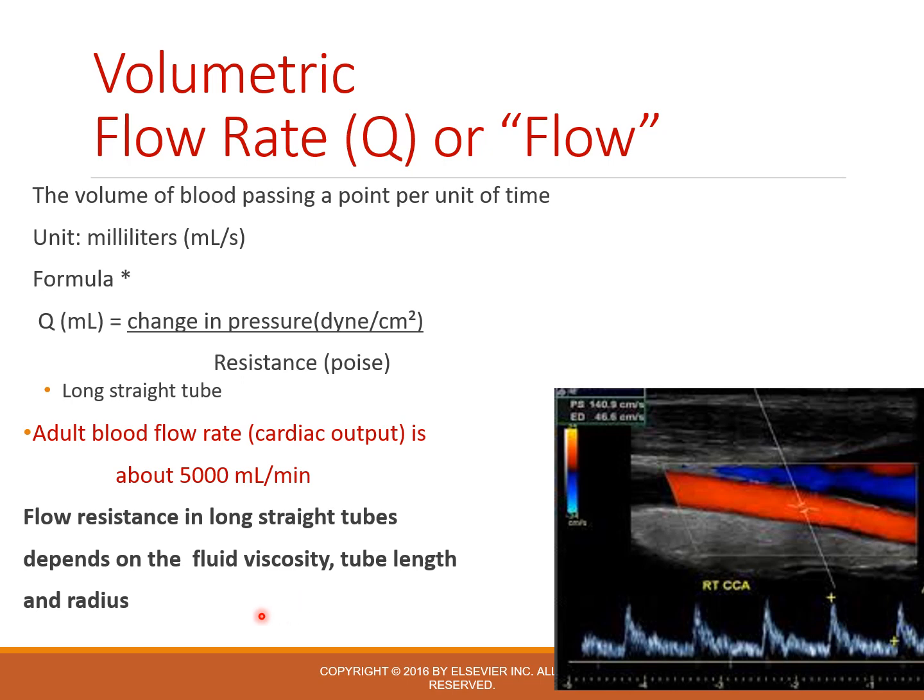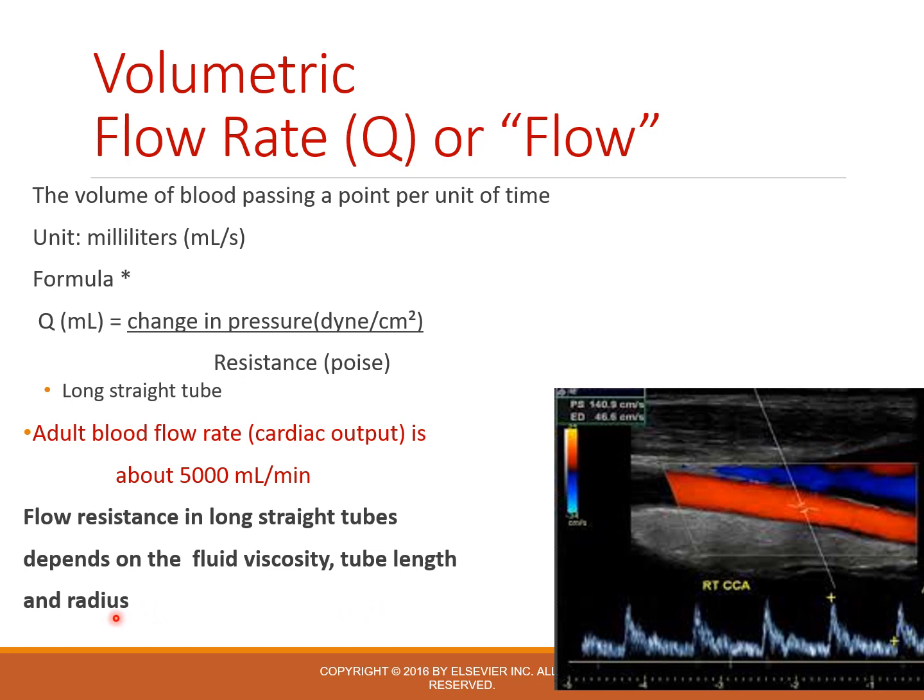It can also be affected by tube length. So the longer the tube, if you think about it, the longer the walls would be. The longer the walls would be, the more interactions those little blood cells are going to have with the walls, and that's going to cause an increase in friction, which results in an increase in resistance, or a transfer of that kinetic energy to thermal energy. And then finally, the radius.